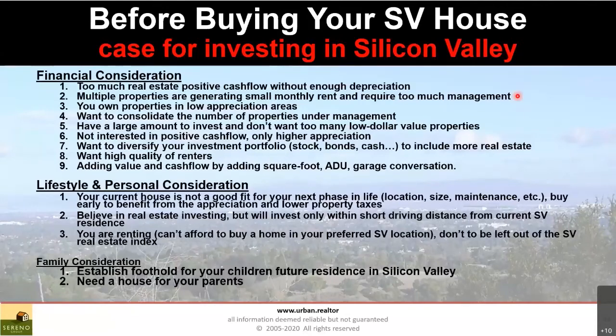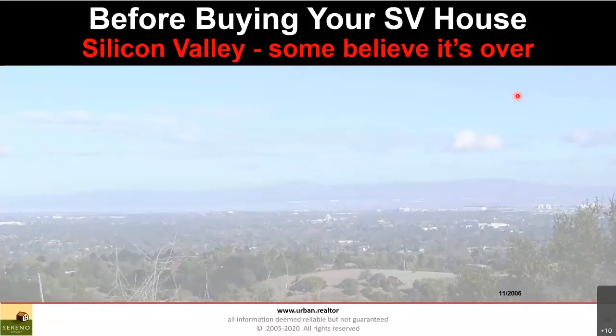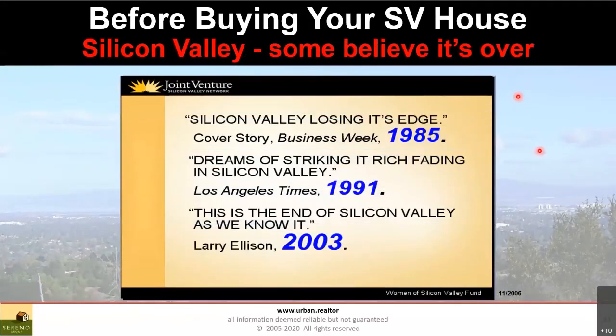And when we talk about Silicon Valley real estate, a lot of people are probably thinking about the future of Silicon Valley real estate. As you can see in this slide, it goes back to 1985, when my wife and myself arrived in Silicon Valley.